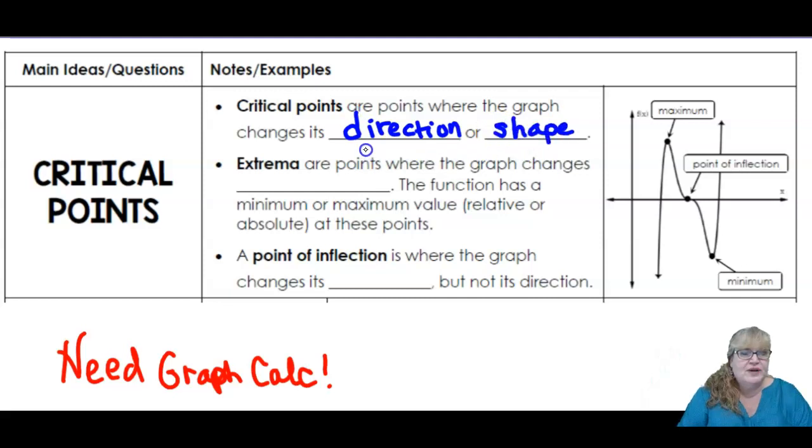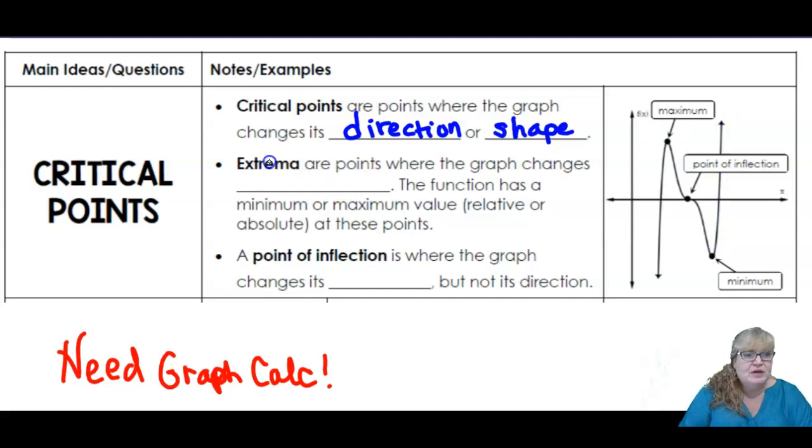Direction is when, if you go left to right, this one goes up, then it hits a maximum value or a relative max, and then it turns around and goes down, and then it changes shape a little bit here, and then it keeps going down, and then it changes direction and goes back up.